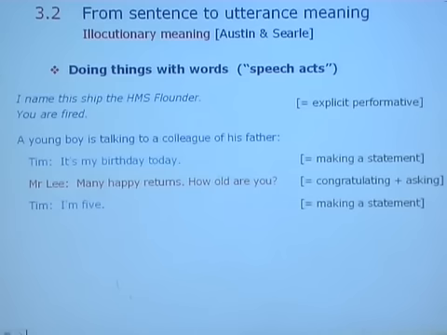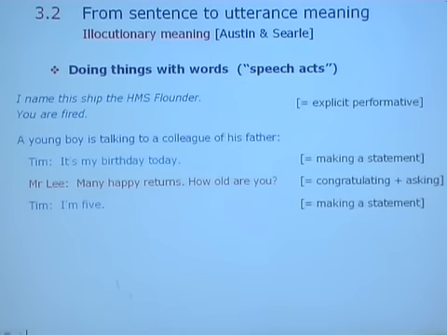But then in the course of the further development of this theory, it soon became clear that every time we utter a sentence, in addition to specifying the propositional meaning, we also perform a speech act. In this example, a young boy is talking to a colleague of his father. Tim, the young boy, says, "It's my birthday today."